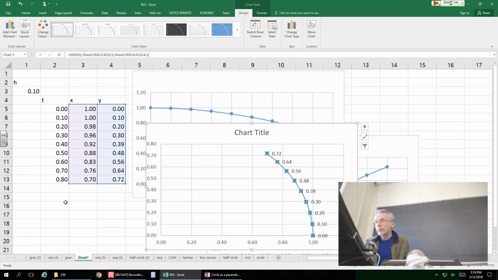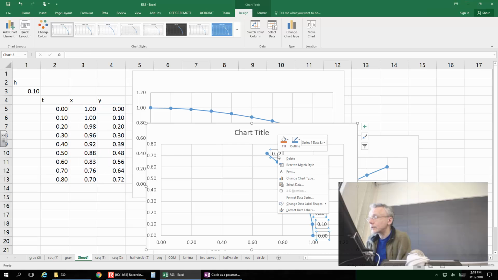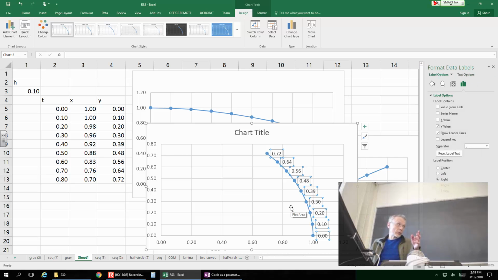Well, the labels are incorrect, unfortunately. The labels seem to be referring to either x or y. And what we want to actually refer to is t.